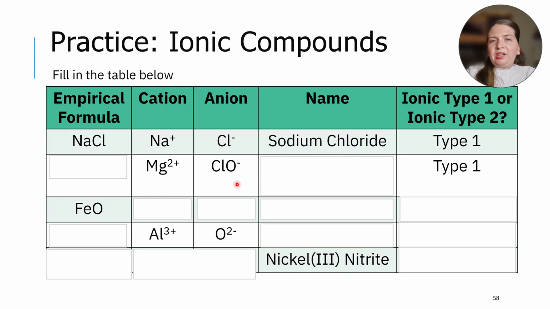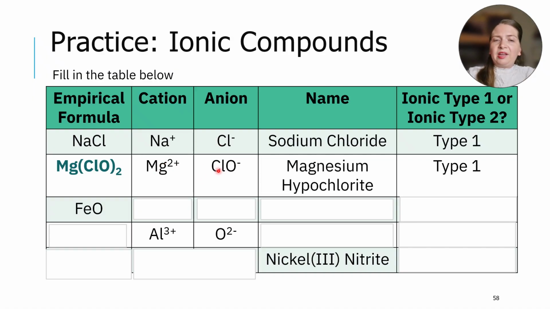Since 2 hypochlorite ions will be needed to balance out the charge of the magnesium, the chemical formula is going to require parentheses. We will have Mg(ClO)2. The name of the compound will be the name of the cation followed by the name of the anion, magnesium hypochlorite.